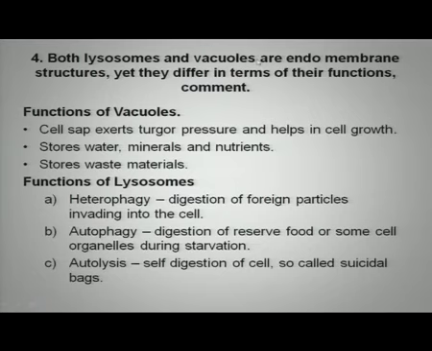Both lysosomes and vacuoles are endomembrane structures, yet they differ in terms of their functions and comment about it. Functions of vacuoles: it contains cell sap that exerts turgor pressure and helps in cell growth, stores water and minerals and nutrients, it stores waste materials. Lysosomes, regarding its function: heterophagy, autophagy and autolysis.